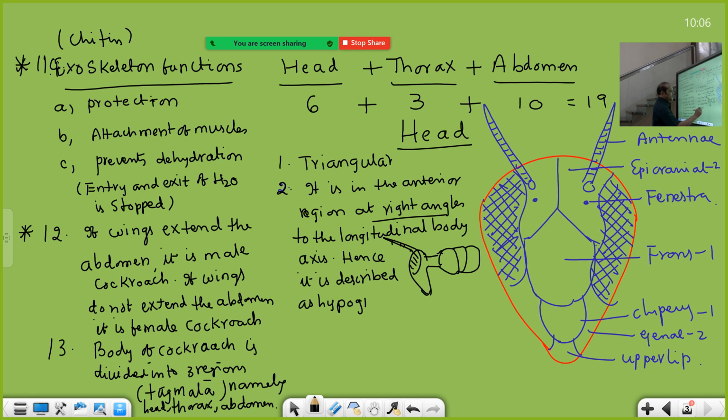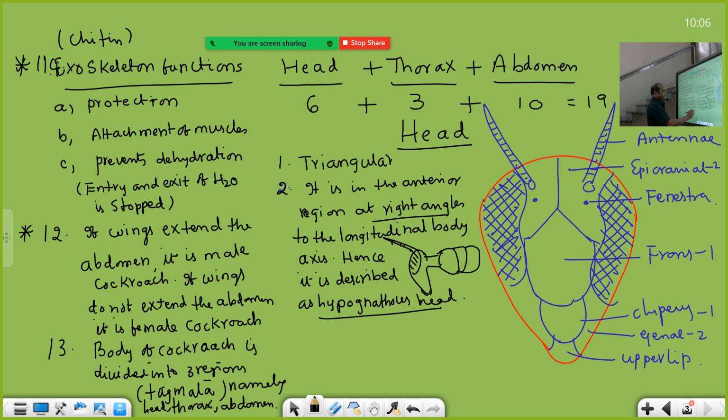Hence, this is described as hypognathous head. Hypognathous head should be underlined. Cockroach head is described as hypognathous because it is located in the anterior region at right angles to the longitudinal axis of the body. That is the assertion reason type question.